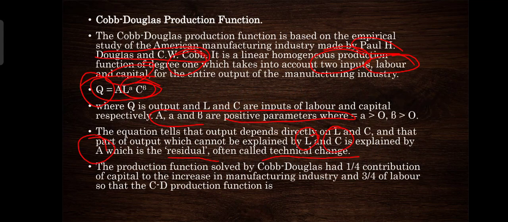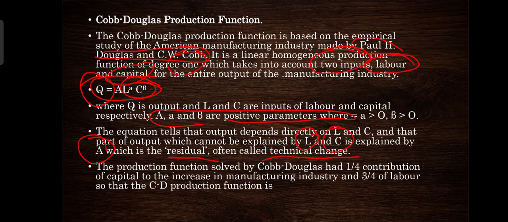We can see from this slide that the production function is mainly based on labor as well as capital, and in the case of the American manufacturing industry, 1 by 4th contribution is from the capital and 3 by 4th contribution is from the labor.